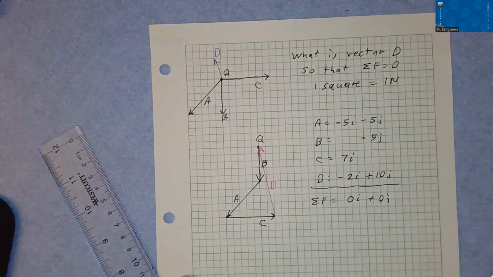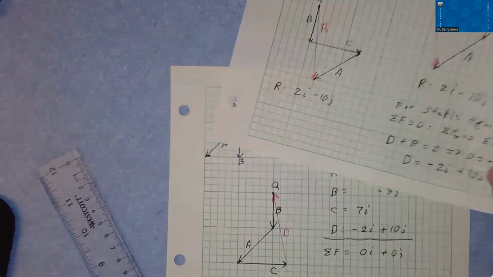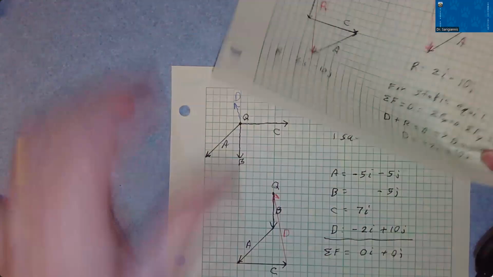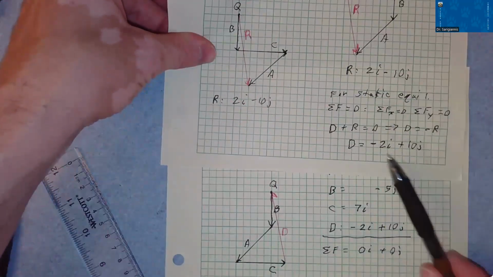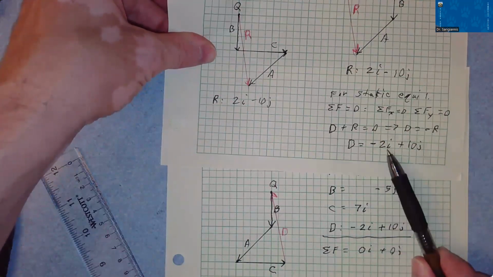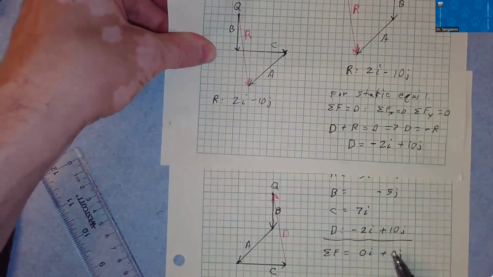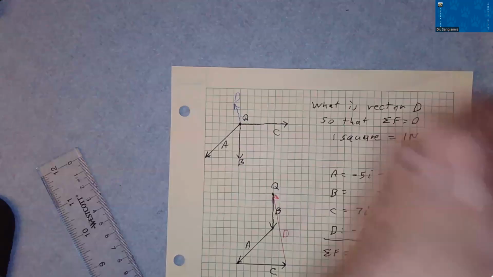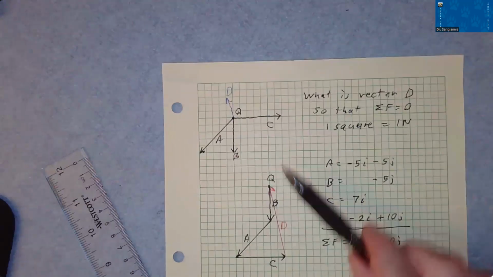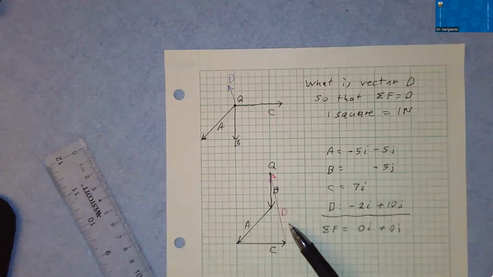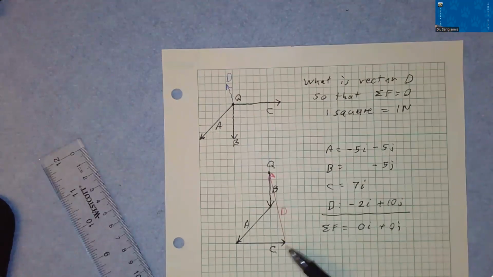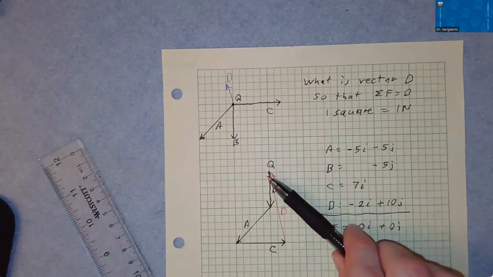And this is the same vector we got back here when we found the resultant. And we said, oh, based on the resultant, the vector D has to be negative, right? And that's what it turned out to be graphically when we solved the problem graphically. So in this case, the sum of all the forces, including the unknown one, which is vector D, is 0. So you add D, and you add everything tip to tail.